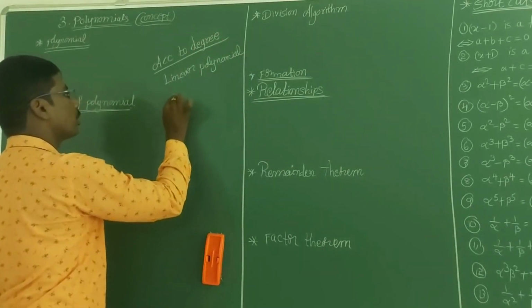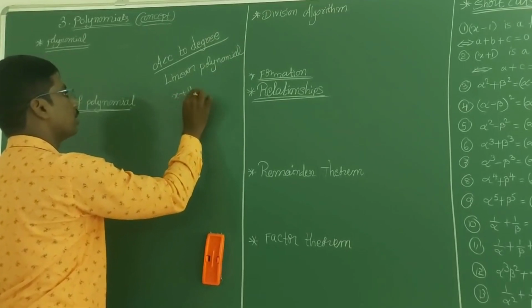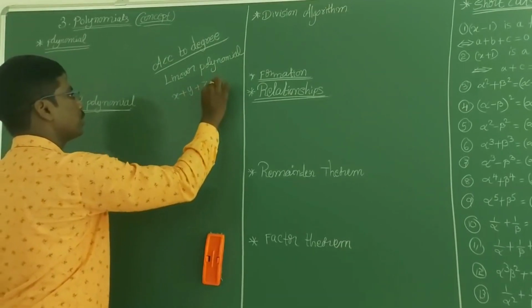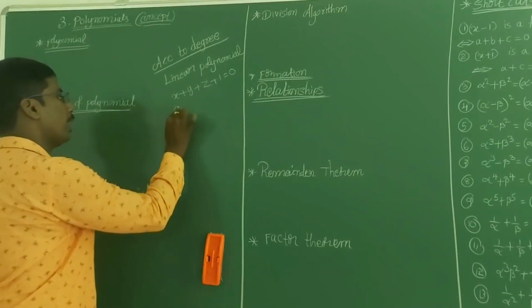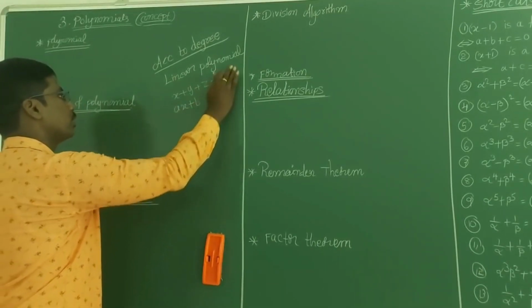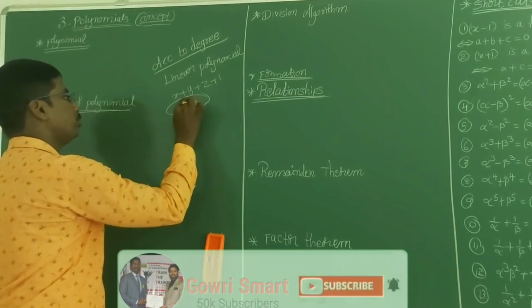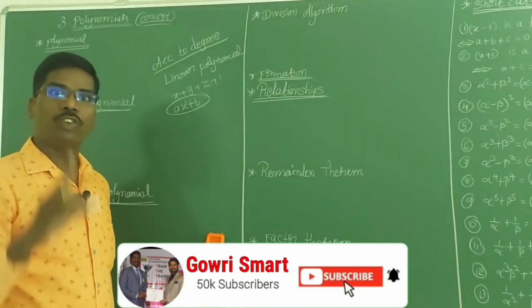For example, x plus y plus z plus 1 is equal to 0. This is a linear polynomial. The standard form I will write as ax plus b. This is a linear polynomial in one variable.